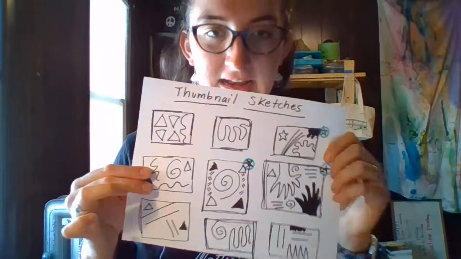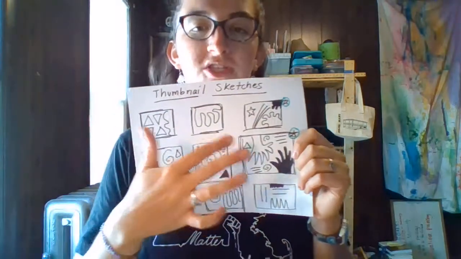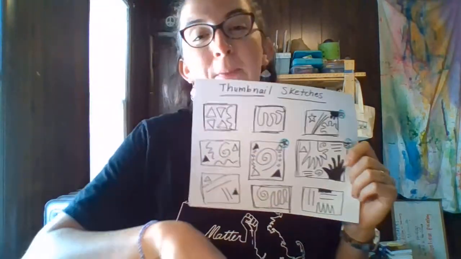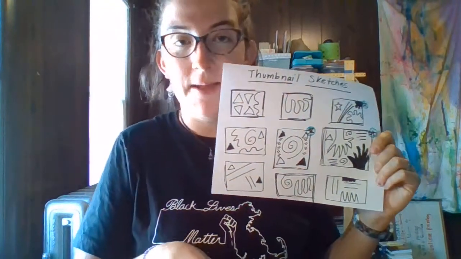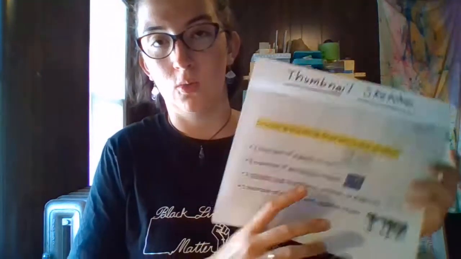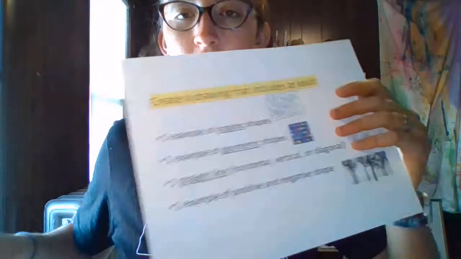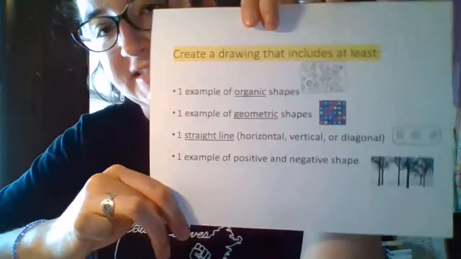Hopefully last week with your thumbnail sketching, you were able to brainstorm a bunch of ideas. We warmed up with just doing some shapes and lines, but we actually had criteria, things that we needed to be sure that our artwork included. Let's go over that real quick to make sure that we all are on the same page.